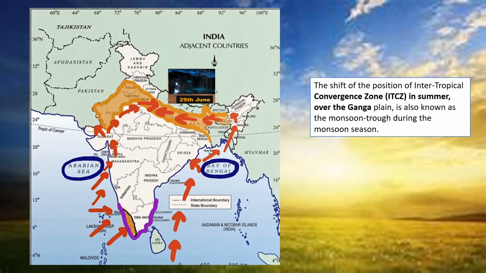So both the Arabian Sea branch and the Bay of Bengal branch merge at the Ganga plain, and this is called the intertropical convergence zone. And because it carries a lot of moisture, it results in heavy rainfall in this region during summers. This merging is also known as the monsoon trough.